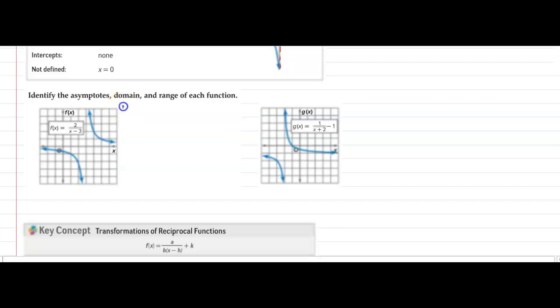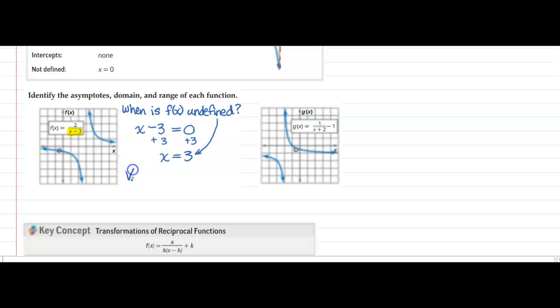So we ask ourselves, when is f of x undefined? And remember, it's going to be undefined when the denominator equals 0, when x minus 3 equals 0. So solving this by adding 3 to both sides, we see that f is undefined at x equals 3.